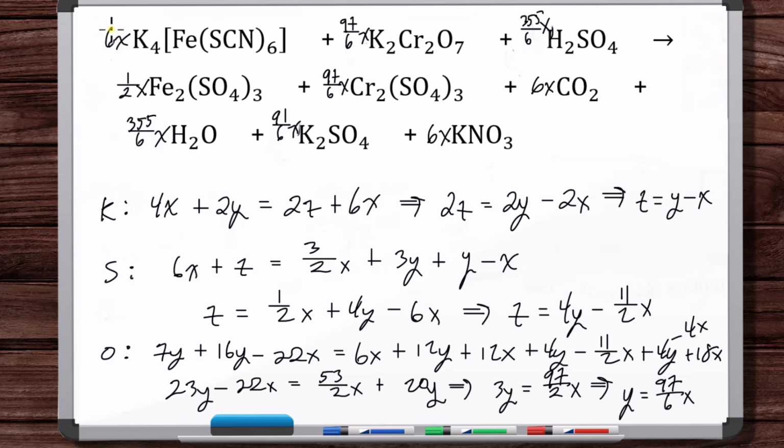So we're going to get 6X here and then 97X, 355X, then 3X, and then 97X, then 36X, 355, and 91, and then 36.